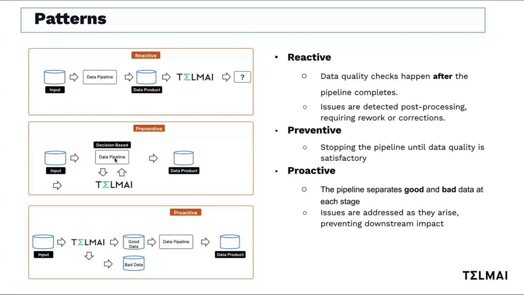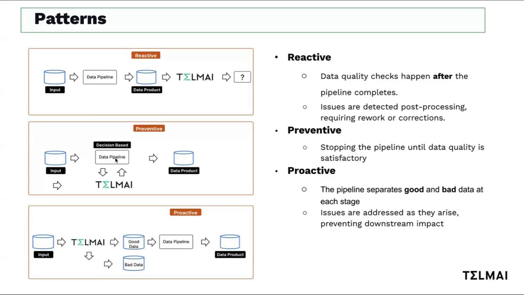In the preventive pattern, you can have the data pipeline, or the individual stages of the pipeline, trigger a flow within Telmai to perform quality checks on the input data that the pipeline is about to process. Then the pipeline waits for Telmai to process that data and gets a signal depending on the quality score. You can configure the threshold at which Telmai will give you a green signal or not. Accordingly, the pipeline can make a decision whether to proceed, stop, or pause.